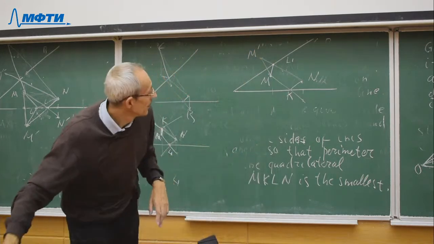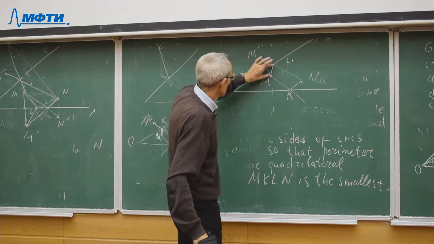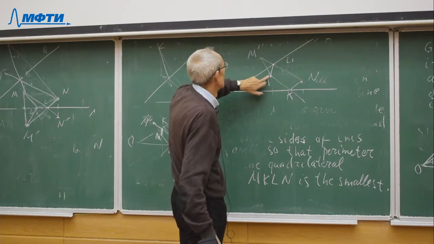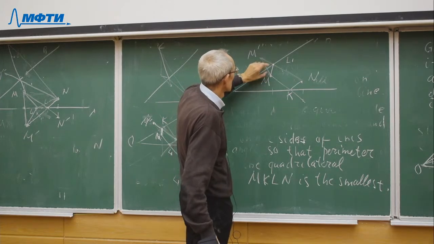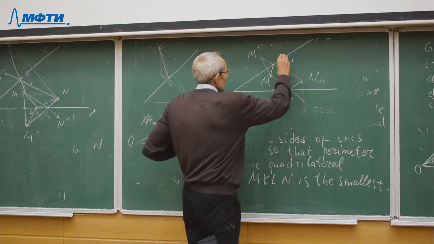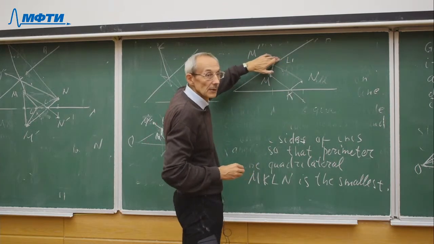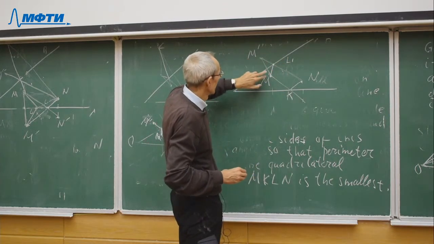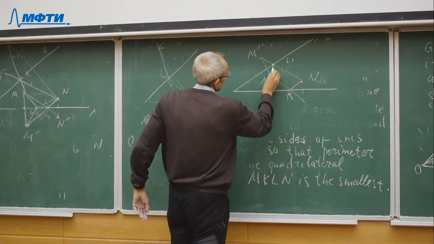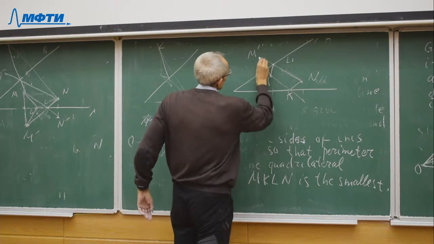I assert that this sum is minimal from any point L on the straight line OB, because this distance plus this is equal to this.